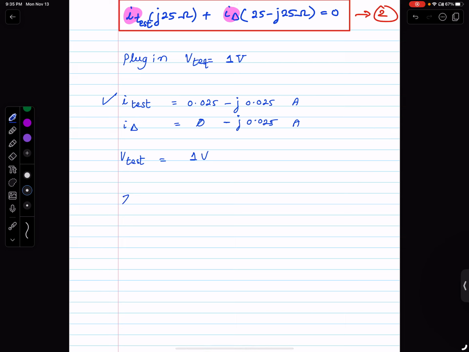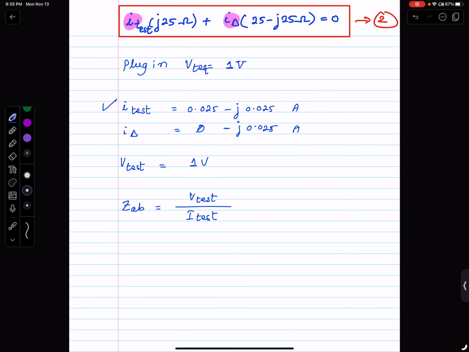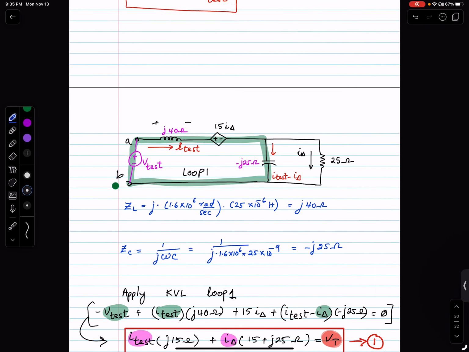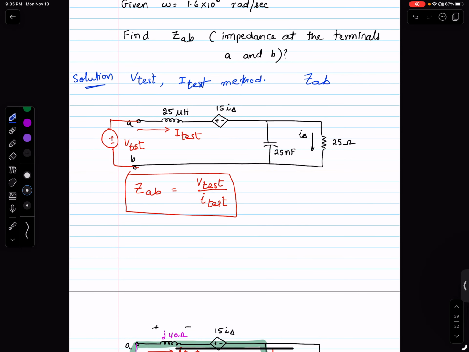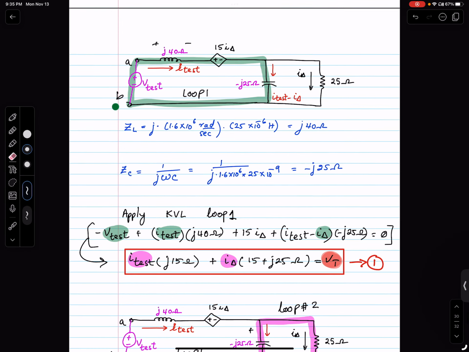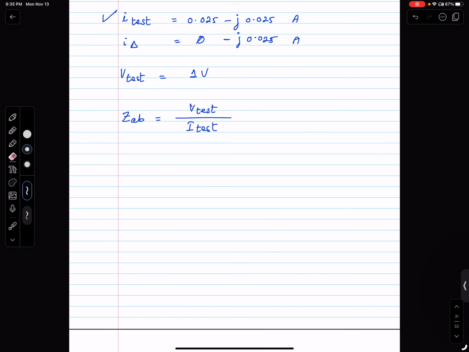How do we calculate ZAB? ZAB is V test over I test. Remember, go back to the very beginning of the problem. What did I say? The way we calculate ZAB is to apply a test voltage and get an expression for V test over I test. We are at that point now where we can calculate V test over I test.